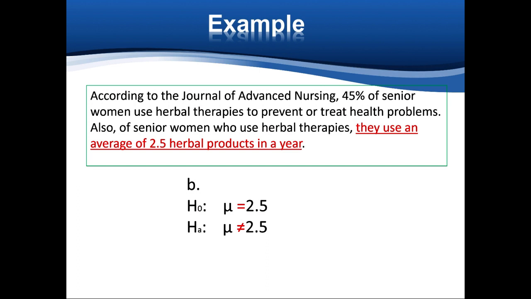We always put not equal in HA, no matter you want to prove something equal or something different from. And also, it is about the mean. We write mu not equal to 2.5 in HA and mu equals 2.5 in H0.